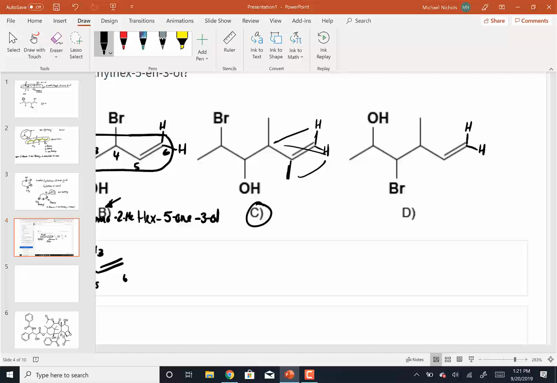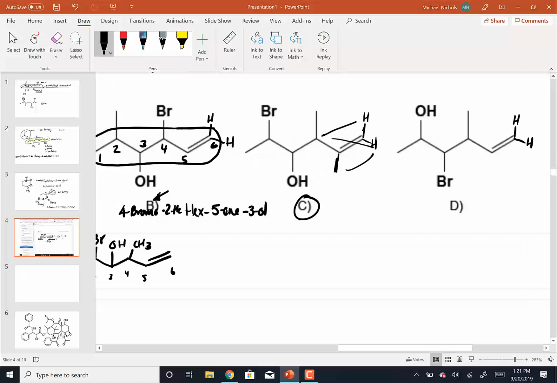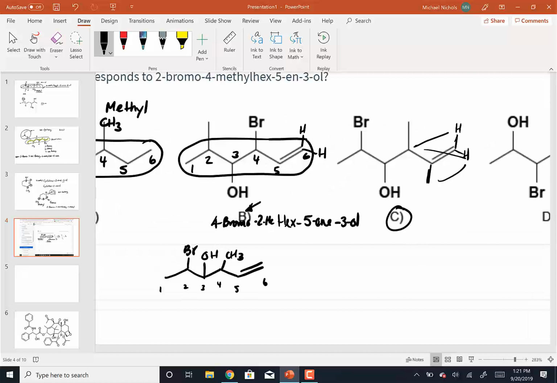So I just want to make sure, cis trans we can still do, and EZ we'll be able to do once we get through the other naming. So everybody kind of okay with those names?